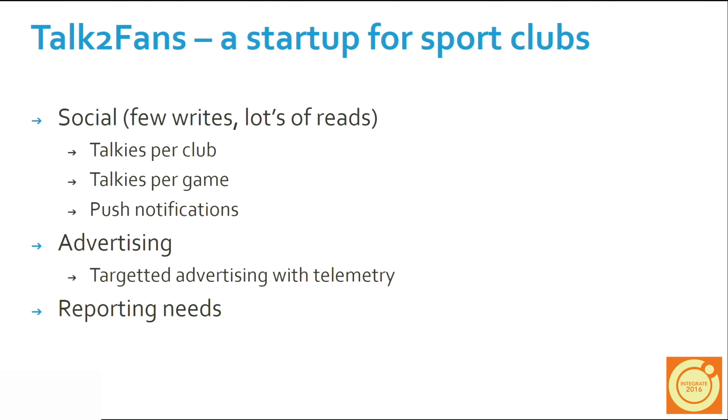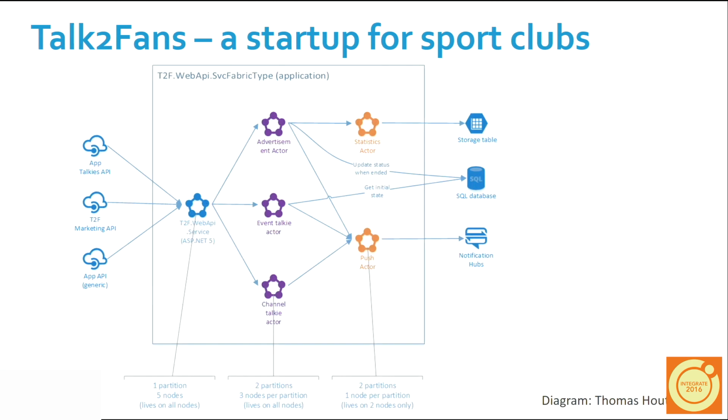And that's what I was referring to, if you partition not correctly, and that's actually what we did in the beginning. We said, okay, we will create a stateful actor per event, per match that is played. And if people are sending pictures or tweets, but it's called talkies in that case, related to that specific match, we will keep them in a collection, and it will be very easy to just give back to the mobile apps the list of most recent talkies.